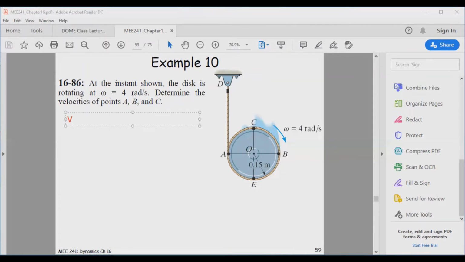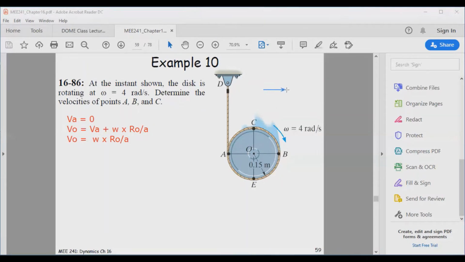So we know VA equals 0. So now I can find VO, right? VO is going to be equal to VA plus omega cross R of O with respect to A. So VO is going to be equal to how much? It's going to be omega cross R of O with respect to A. And here, what is omega in this case? Let's say you have this IJ frame. Minus 4K.